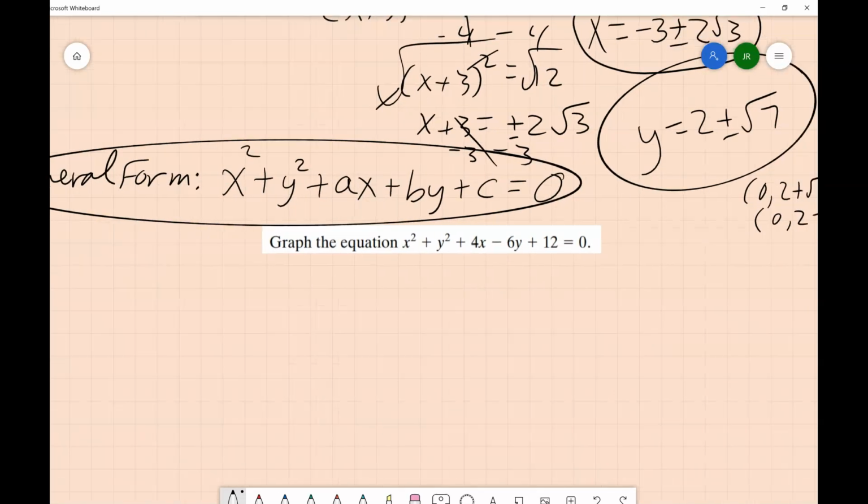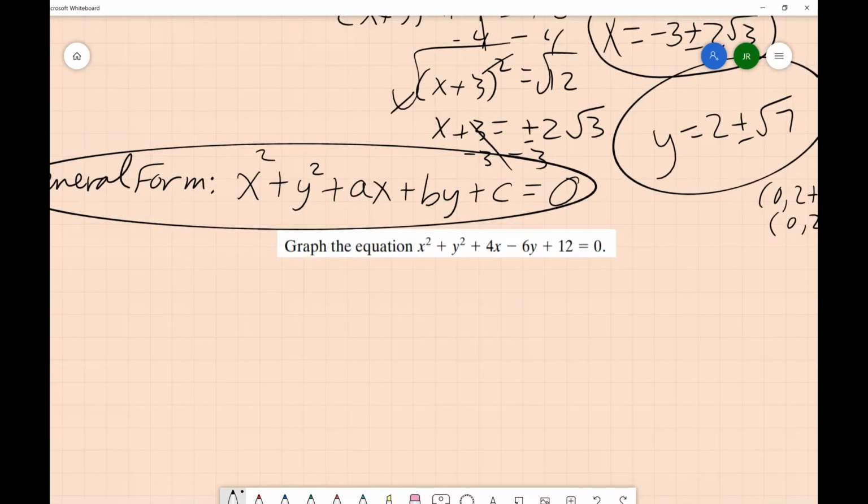Okay, you can see that the next problem we have wants me to graph this equation, and this equation is in general form, not standard form. The big advantage to standard form is the radius and the center are so easy to see. They're explicitly given to you in standard form, whereas in general form, they are not.